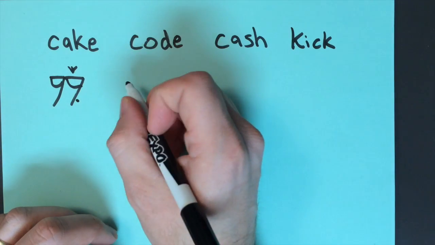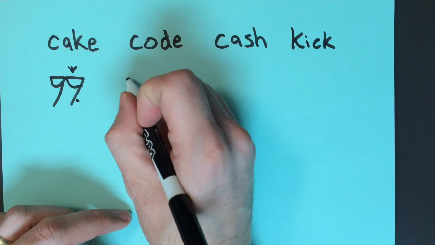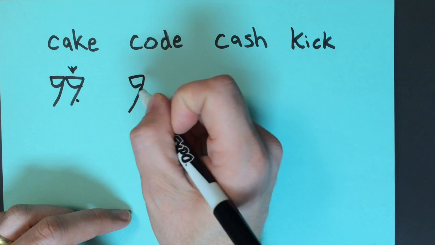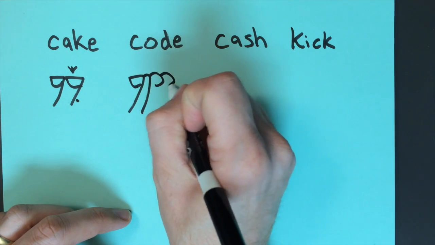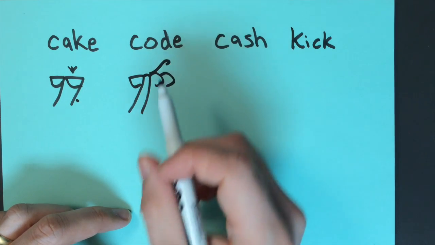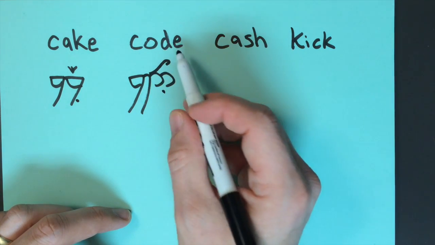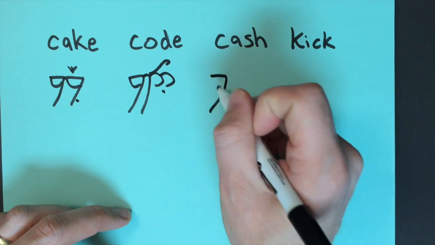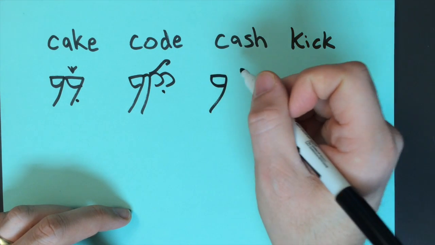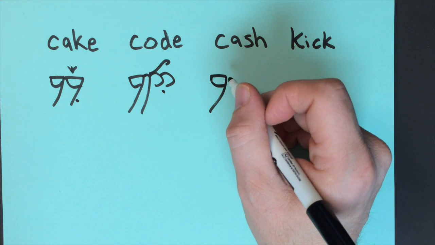Now to do code, it's still a K sound, so we're going to do this, like the K sound. Draw our D, put the O vowel on top, end it with the E dot. To draw cash, we're going to do a K right there.